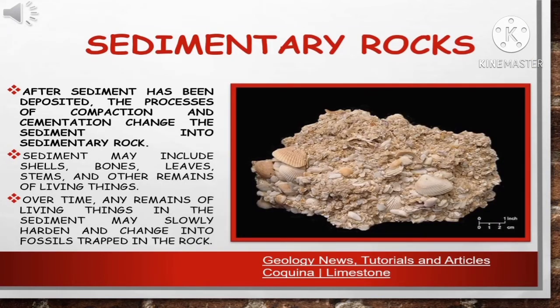So after the sediment has been deposited to a new location, the processes of compaction and cementation change the sediment into sedimentary rock. So the sediment may include shells, bones, leaves, stems, and other remains of living things. Like, for example, as what we can see on the image, there is a limestone rock that we call coquina.